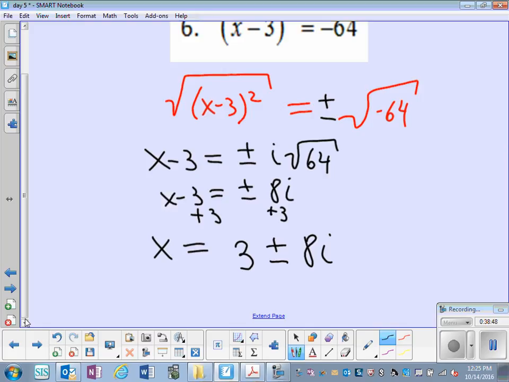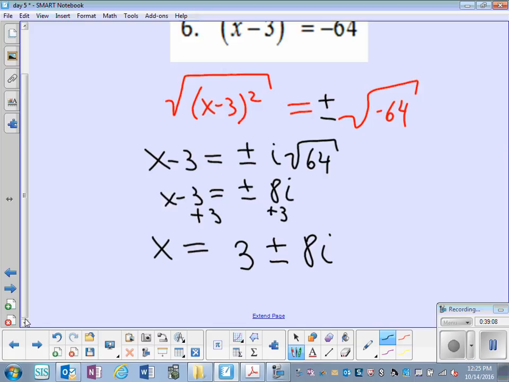So how many answers to this equation do we have? 2, right? The first answer is 3 plus 8i. The second answer is 3 minus 8i. What did we call those two numbers? Remember?